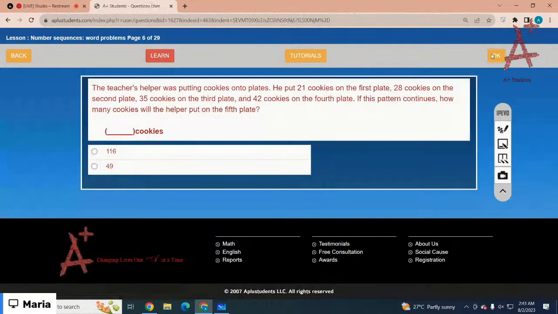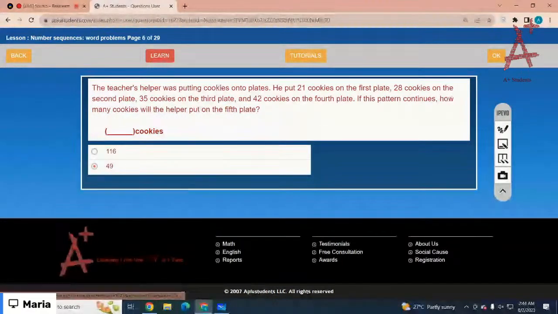So, which is the correct option? Yes, the next number in the sequence is 49.